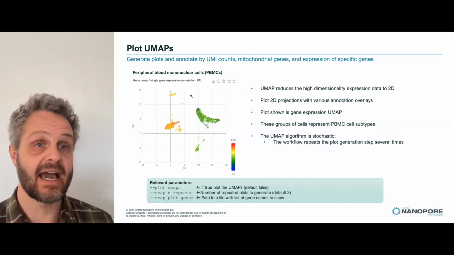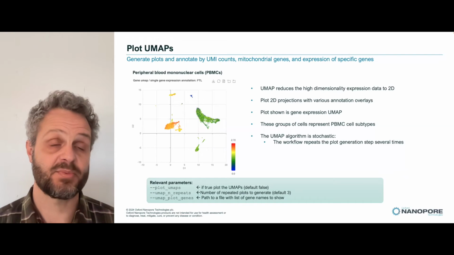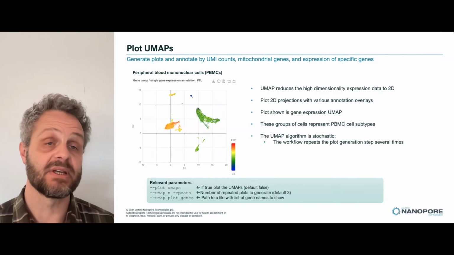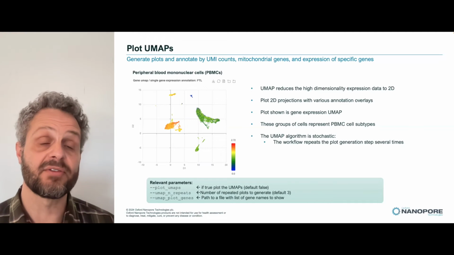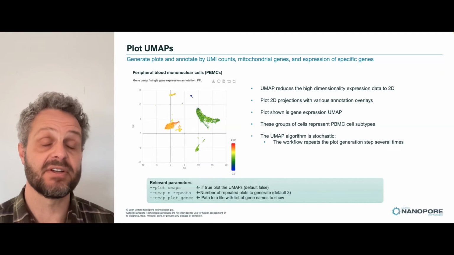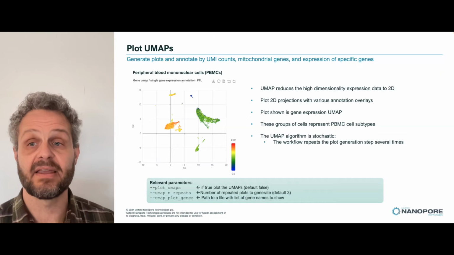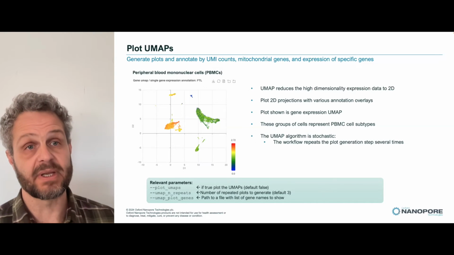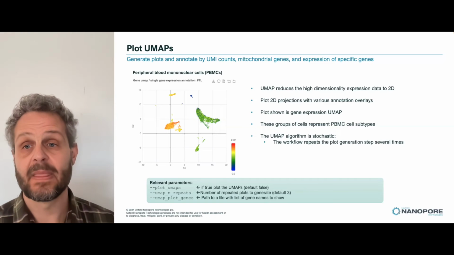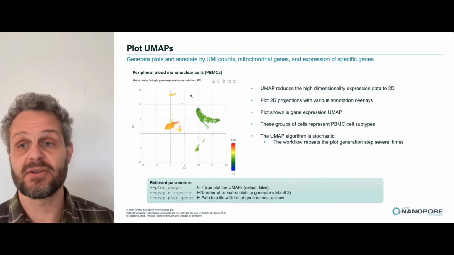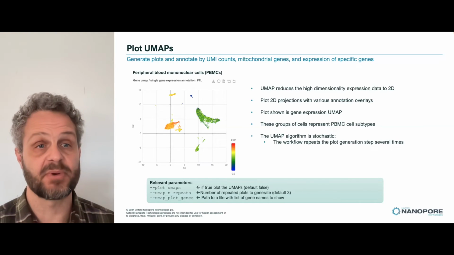And we can see how the expression of FTL varies greatly between different groups of cells. In the workflow, you can specify genes of interest to annotate plots by. So what you would do is add your list of gene names to a text file, and you point to that path using the UMAP plot genes parameter.